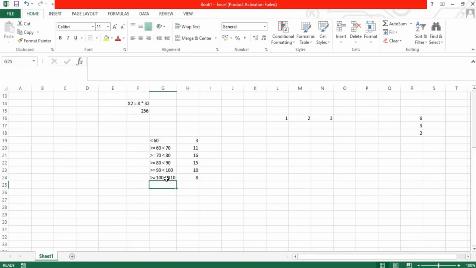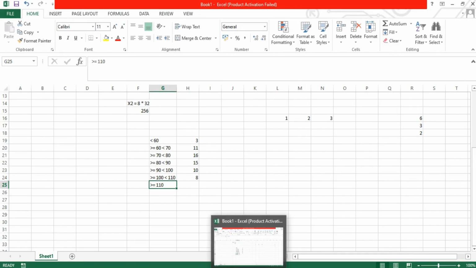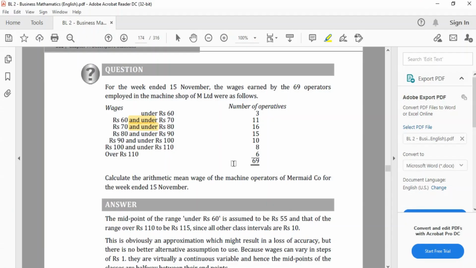So since it's not equal here, I'm going to say greater than or equal to 110.